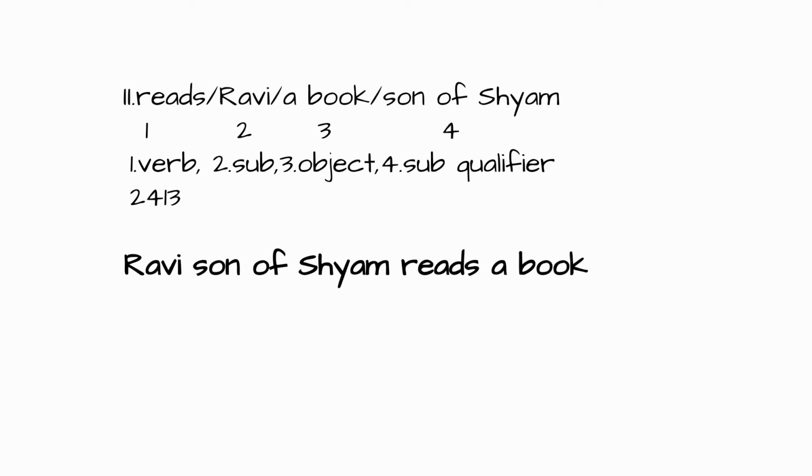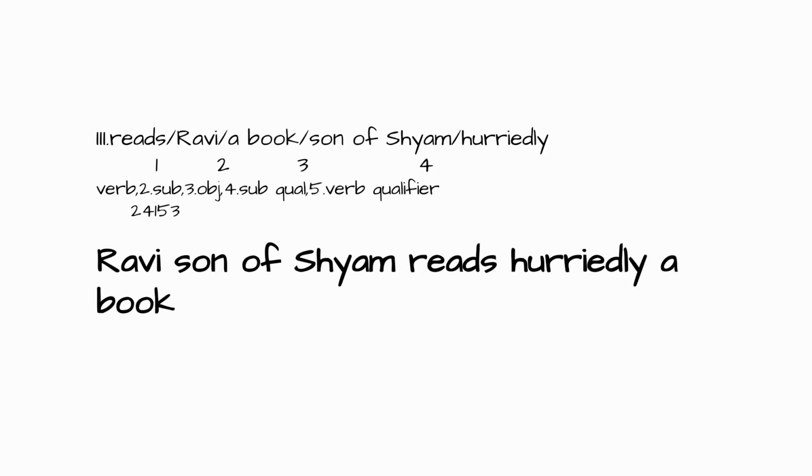Now this example is somewhat different from the first example. We have added some additional information. Now let us take one more case. Third one, see this one. In this example also there are words: reads, Ravi, a book.